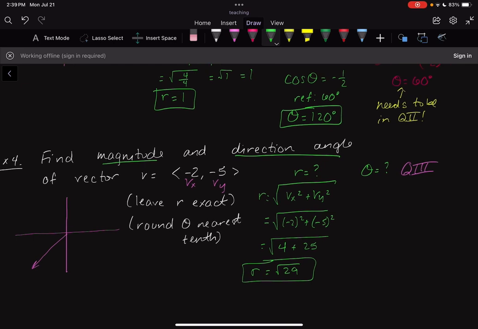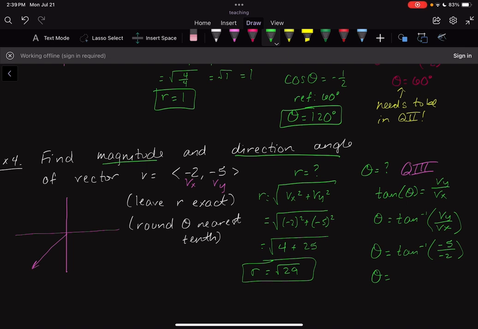So remember that tangent of theta is equal to Vy over Vx. That means that if I want to use the inverse function, it'd be tangent inverse of Vy over Vx. I'm going to plug this in and see what it gives me. We should think about what we expect.